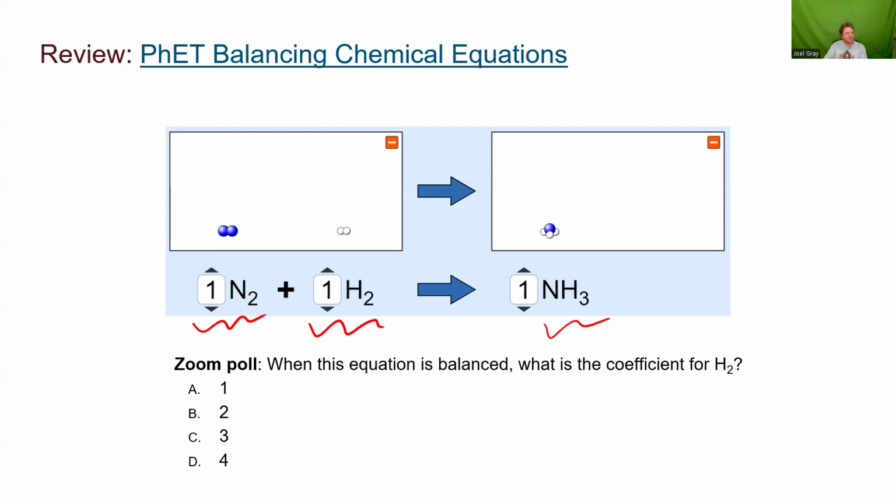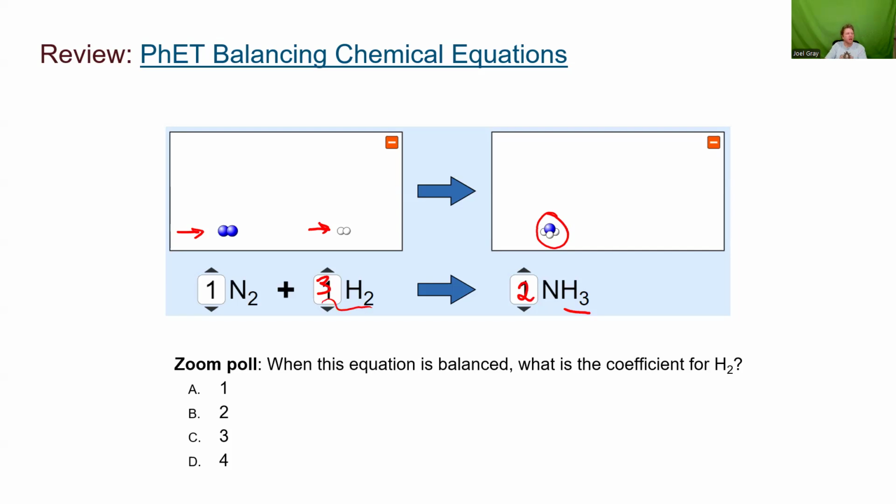We've got N2, that's one thing, reacting with one thing of H2 to form this. What we determined was when we threw a 3 in front of this, 3H2, then we could throw a 2 in front of this. And lo and behold, our hydrogens are balanced, because we've got 6 hydrogens here and 6 hydrogens here.